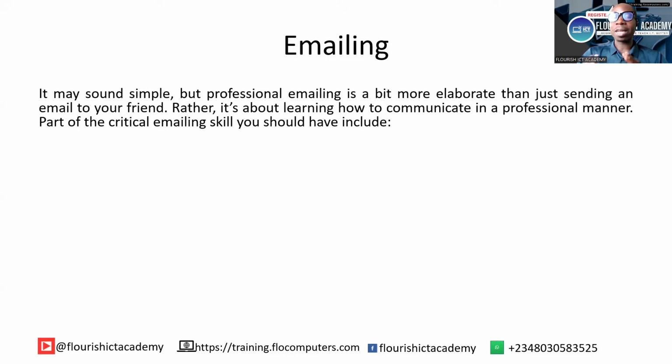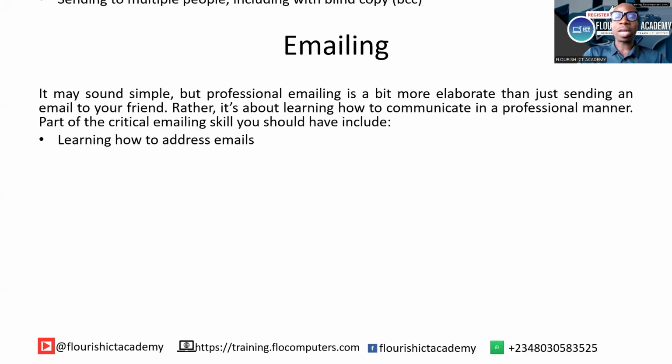Part of the critical emailing skills you should have include the following: learning how to address emails. This is very important for someone who is going to work in any corporate organization. You might not be there right now, but getting all of this is going to position you on a platform that will make you attractive to any employer.